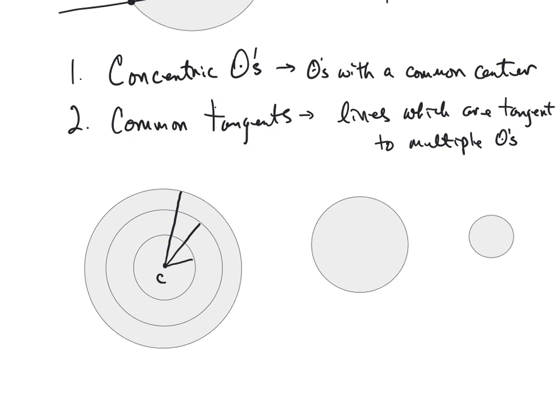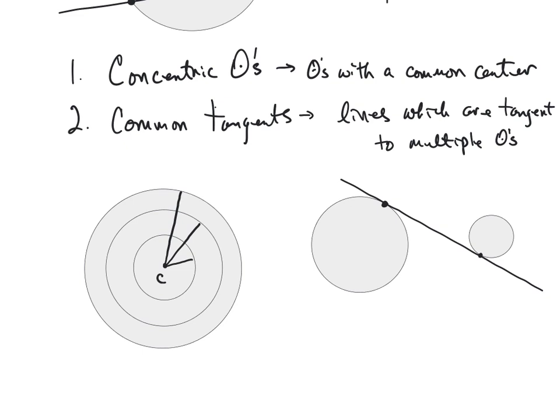And so with my example here of two circles drawn kind of left and right of each other, are there going to be any common tangents? Can you guys draw one line that would be tangent to both circles at the same time? Well, try something like this. Would that be a line that could possibly hit the larger circle at one point and the smaller circle at one point?